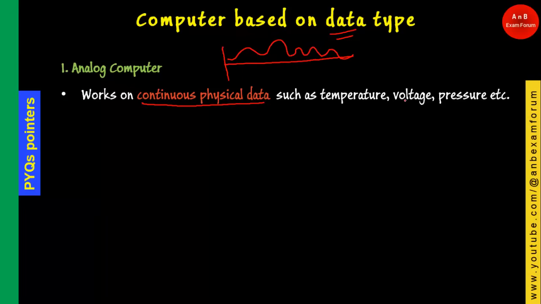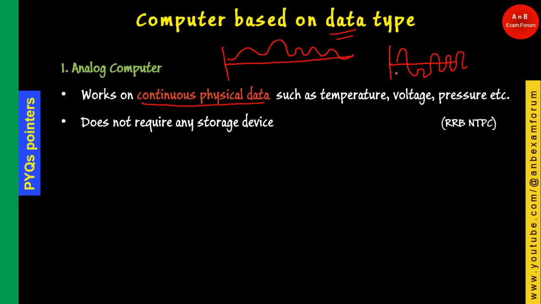And if you see the voltage, voltage is there, so again it can be high, it can be low, it can vary from time to time, so again it is a continuous physical data. And pressure is again a quantity which changes over the time and which is continuous in nature.